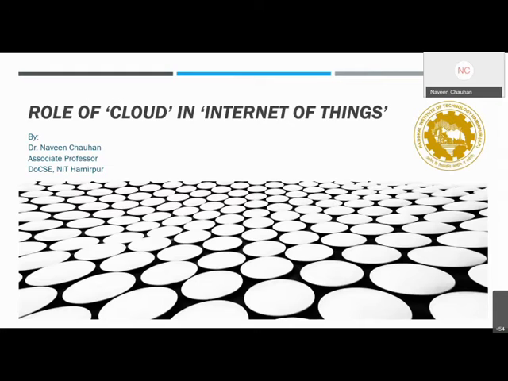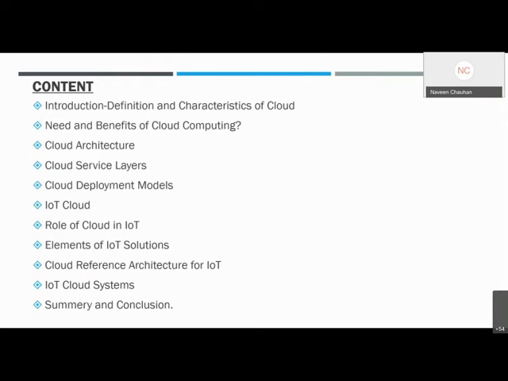What is the architecture of cloud computing? Though there might be some overlapping of contents, ultimately the discussion would lead to integrating the cloud with the Internet of Things. So this is how we'll proceed with today's discussion.